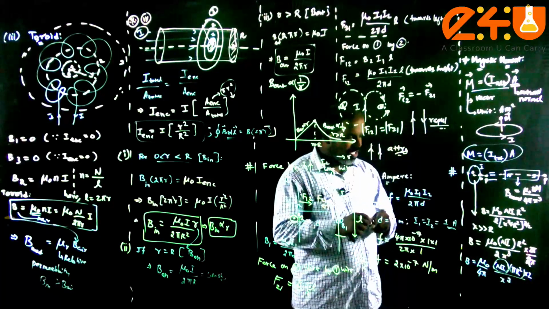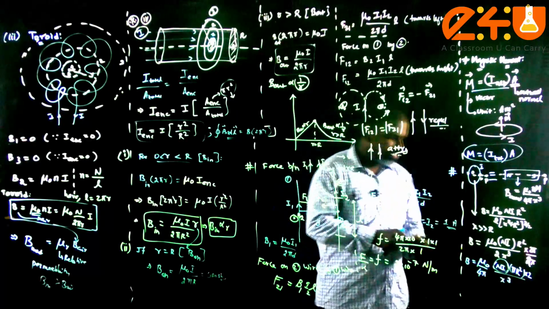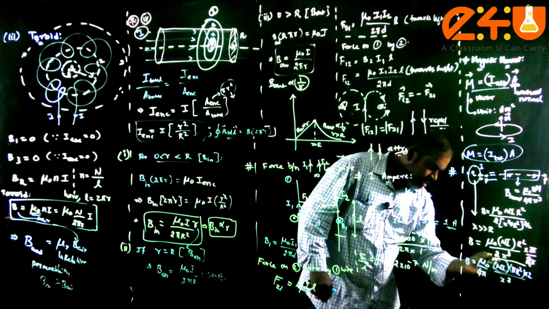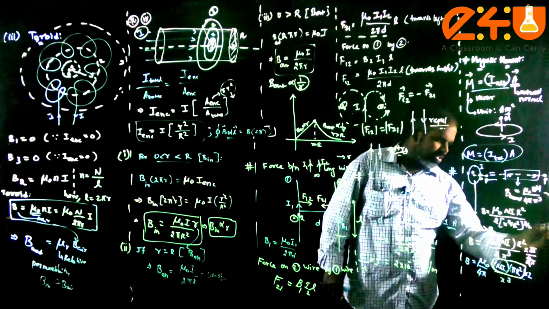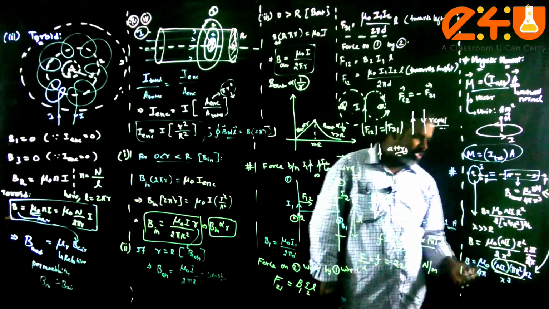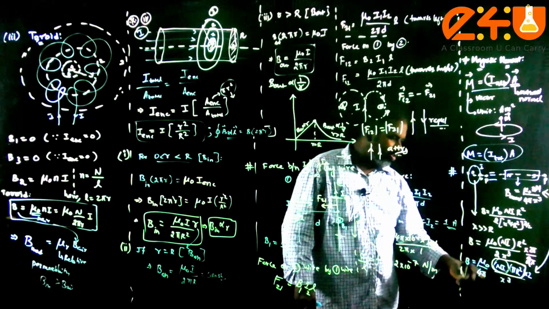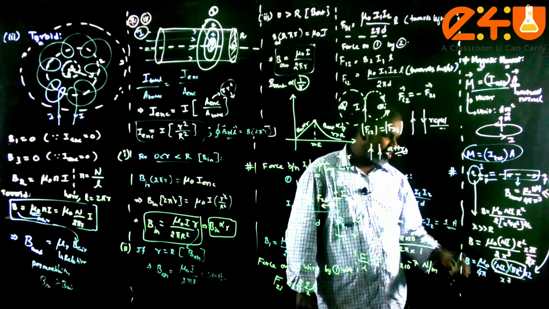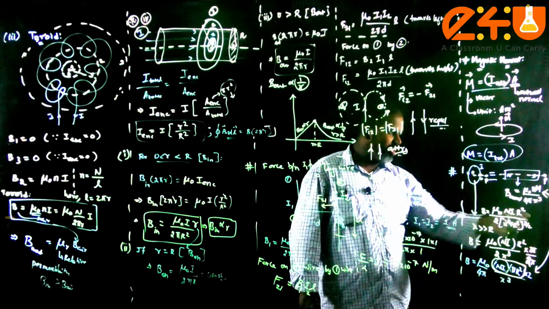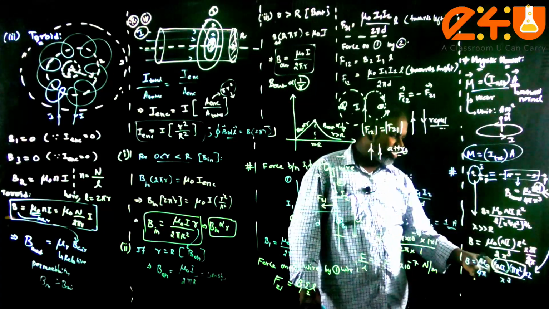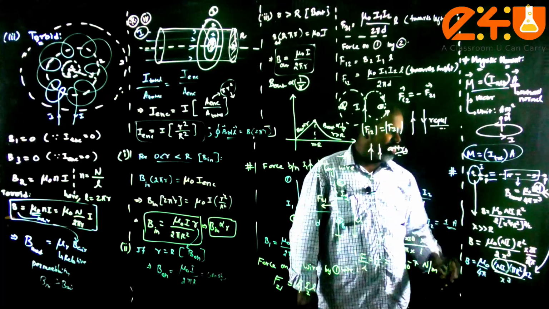So therefore, the whole term can be replaced. Now you see that we can compare these results. We see that 2 is there, mu naught by 4 pi is there, x cube is there. In the place of m, what is there? Ni into pi r square.